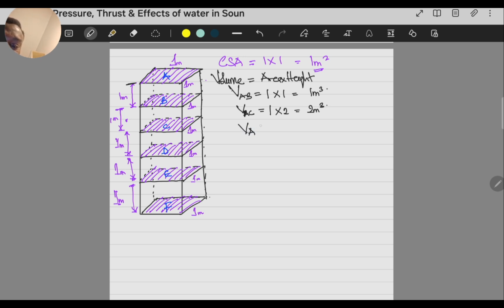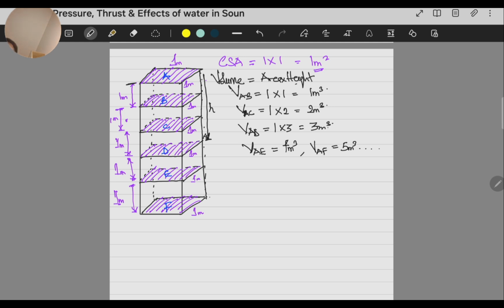Then between A and D, if we go down more, we are increasing the depth H, the area is still 1, but the height has increased further to 3. So we have 3 meters cubed. VAE is going to be 4 meters cubed, and VAF is going to be 5 meters cubed, and so on.